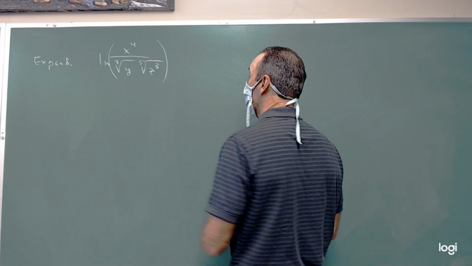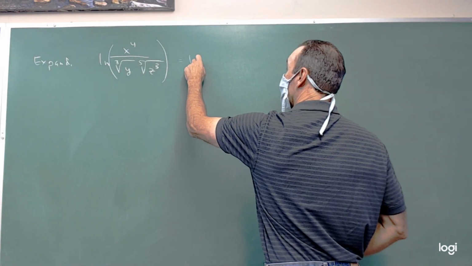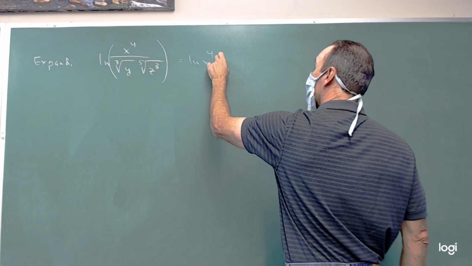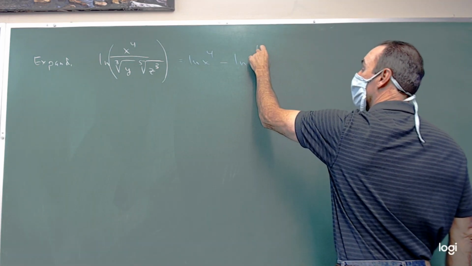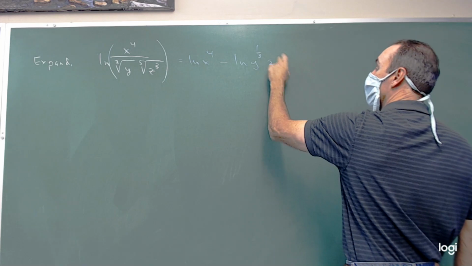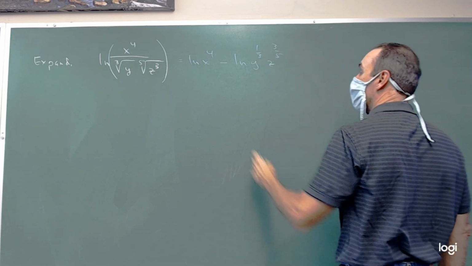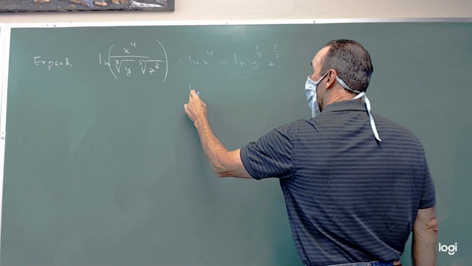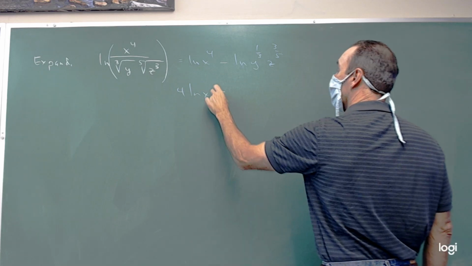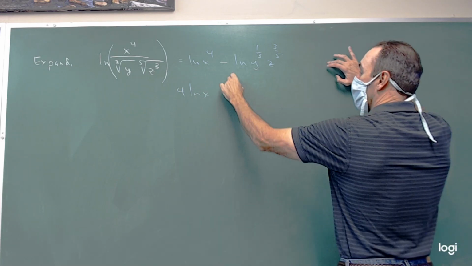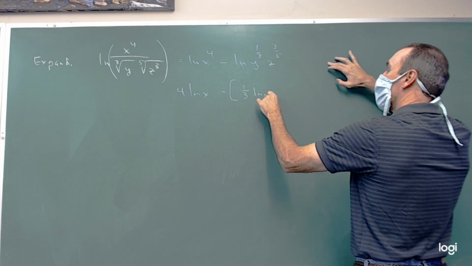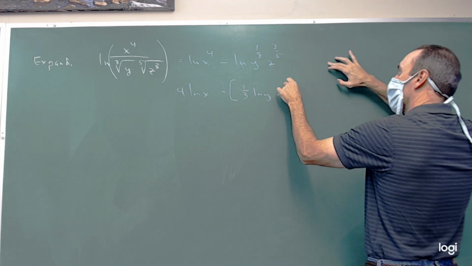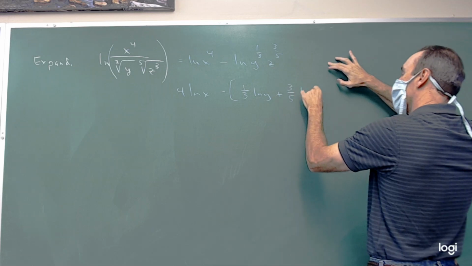So we are going to think of this as the natural log of x to the 4th minus the natural log of y to the 1/3, z to the 3/5. So we can call that 4 natural log x, and then this becomes an addition. So we have 1/3 natural log y and 3/5 natural log z.